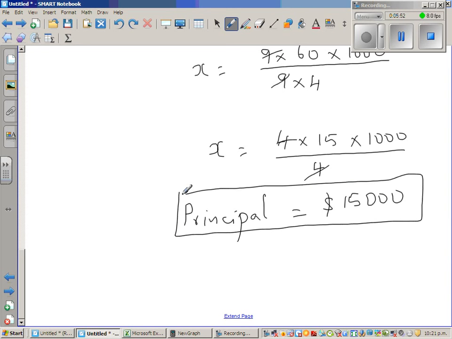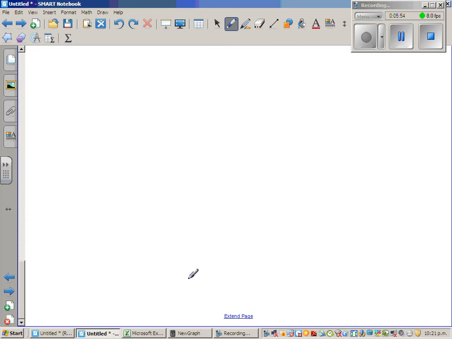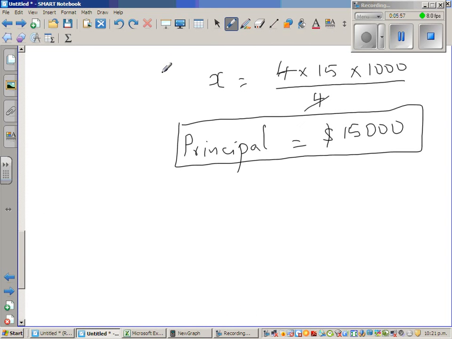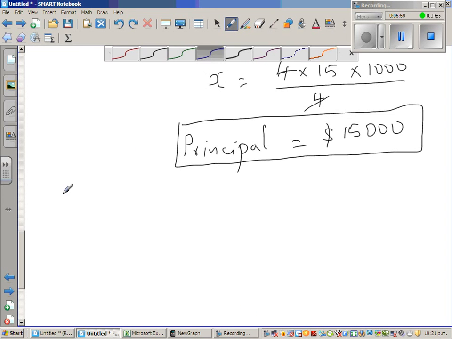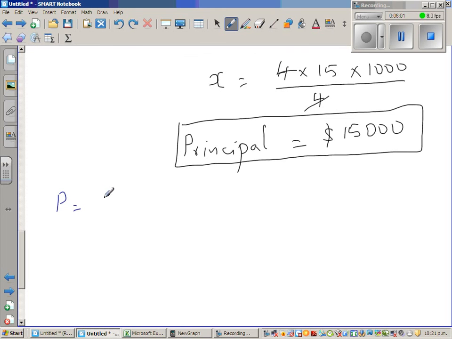Let us check whether our answer is right. That's always a good practice to do. Don't always believe your answer, always check. So you start with $15,000. Your rate is 6% and the number of years is 2.